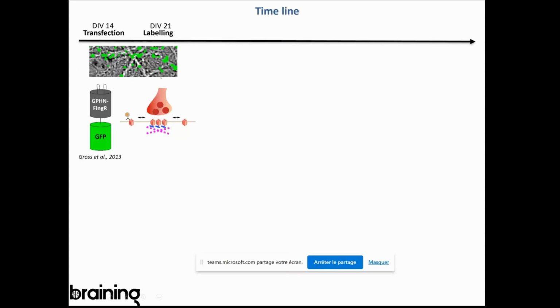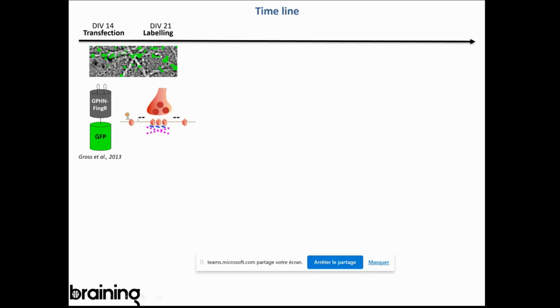Then we take out the cover slip that contains the transfected neurons from the incubator, and we do an immunocytochemistry using an antibody that recognizes a specific epitope of the receptor of interest. This antibody should recognize an extracellular epitope because you are using living neurons, of course. So it doesn't have access to the intracellular receptor.